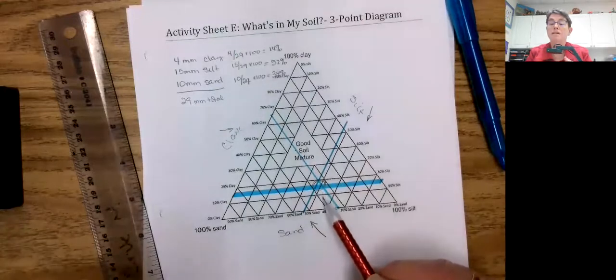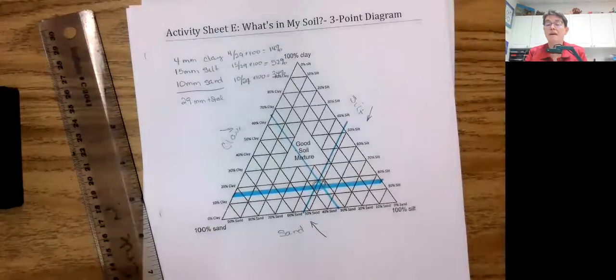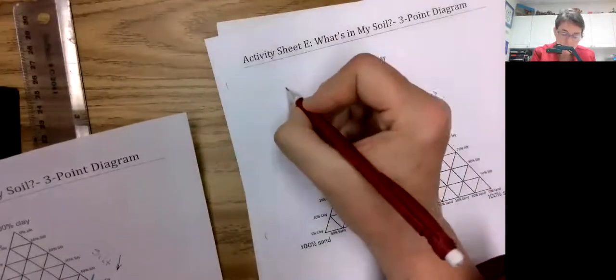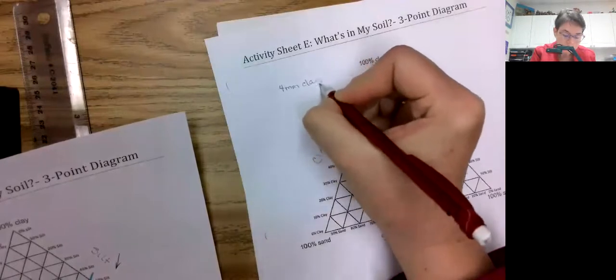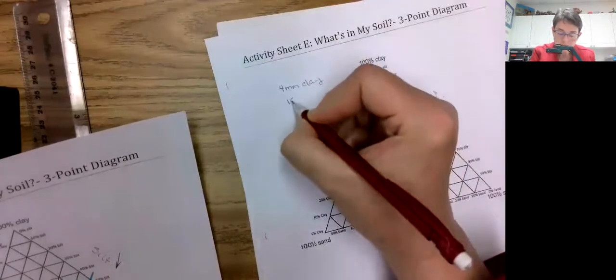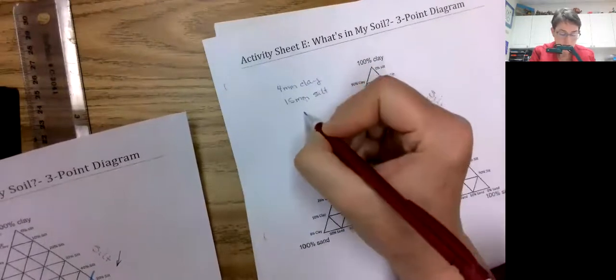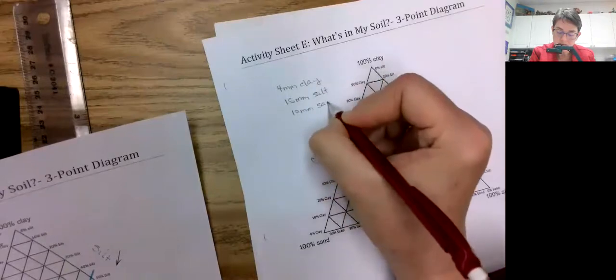Now, I want to show you what it's going to look like if you forget to do the percents so that maybe you'll recognize something's wrong. Yeah, I got a spare one here. Okay, so hold on. We had 4 millimeters clay, 15 millimeters silt, and 10 millimeters sand.